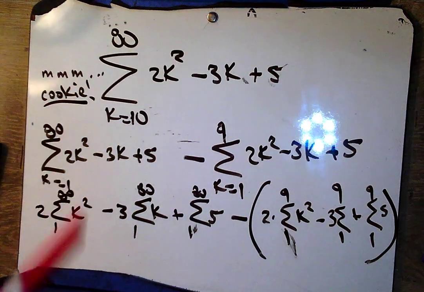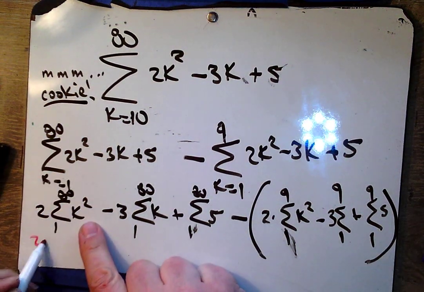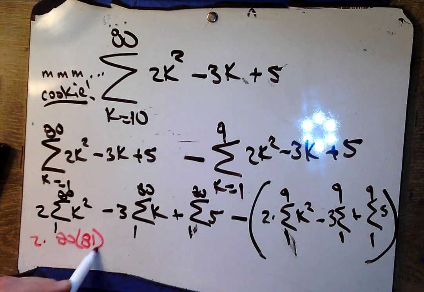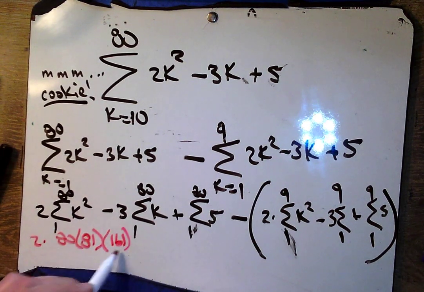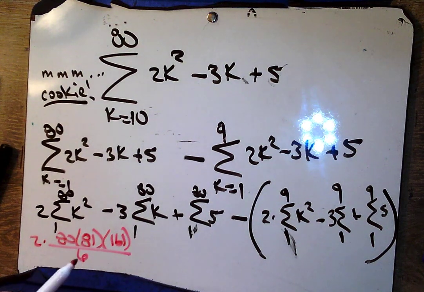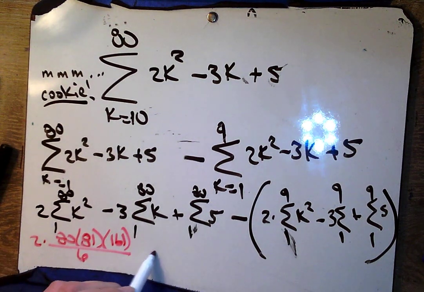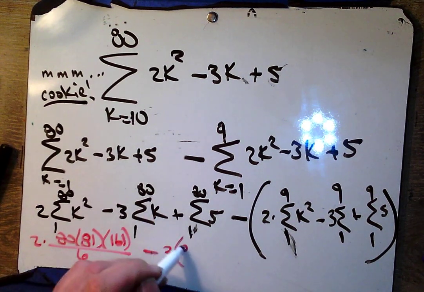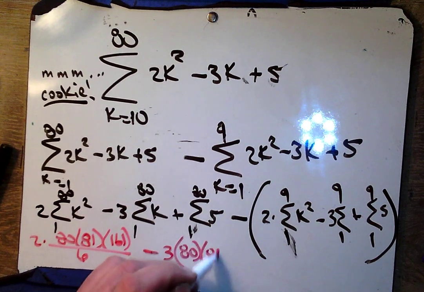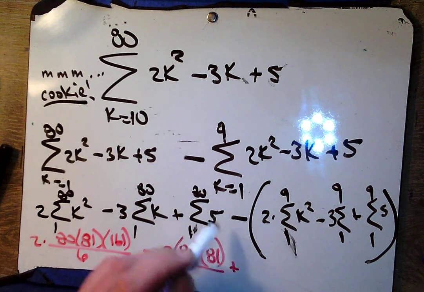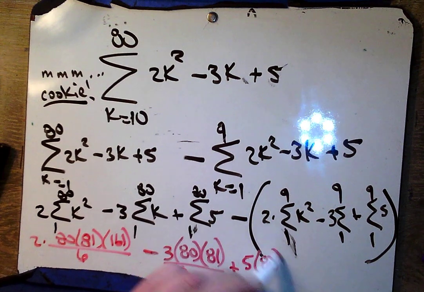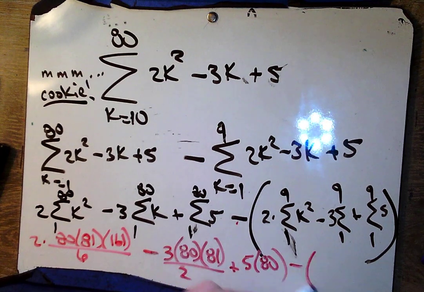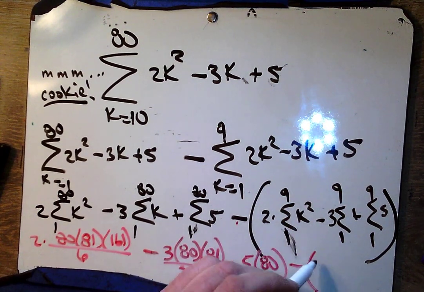Okay, now I'm going to use my shortcuts. 2 times k squared was n plus 1, 2n plus 1 over 6, minus 3 times n times n plus 1 over 2, plus 5, the constant times n. Okay, minus, and now I've got to repeat over here.